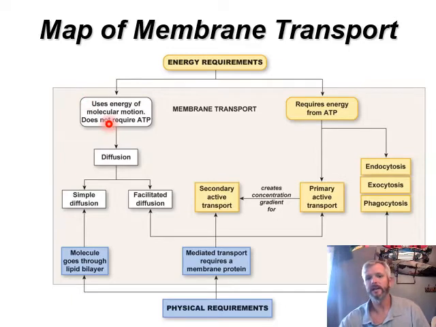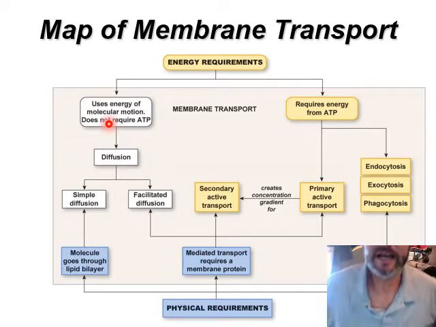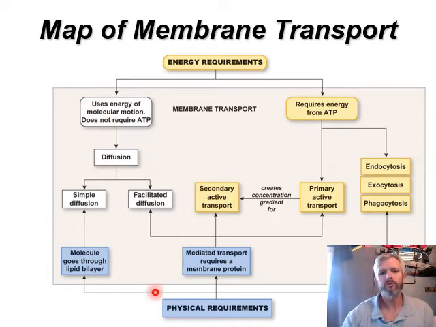The cell does not have to use ATP, doesn't have to use energy to move the molecules. We have two forms of this: simple diffusion or facilitated diffusion. The key word here is diffusion, because this is what makes it passive. We're going to see where that energy comes from.